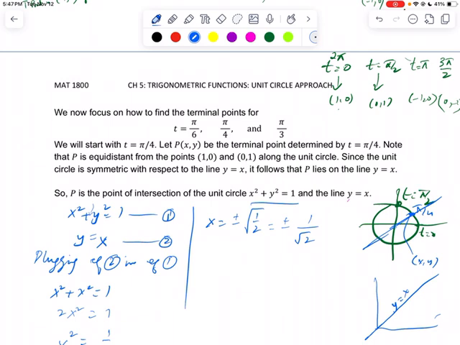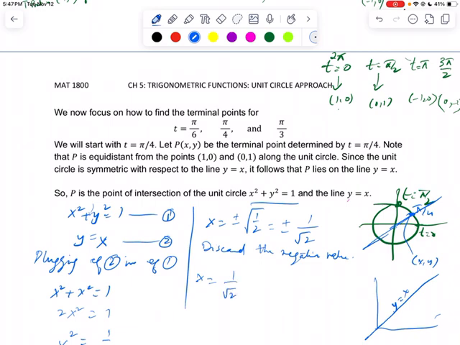Now, what value will I take? There are two values, plus or minus. Which one will we take? Well, because we are in the first quadrant, we'll take the positive value and discard the negative value. x is equal to 1 over the square root of 2.